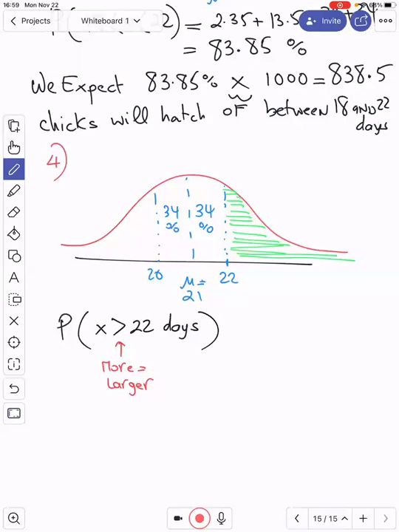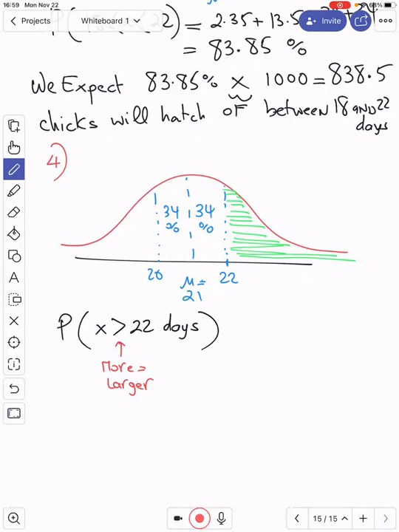Now, any guess what will be this probability that x is larger than 22? What will be the area of the green region here, if you use some basic geometry?